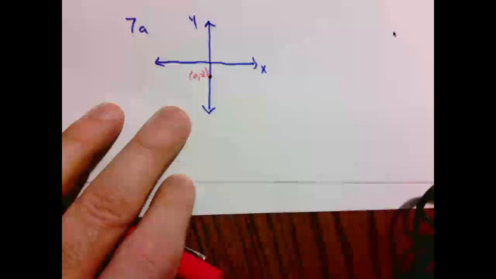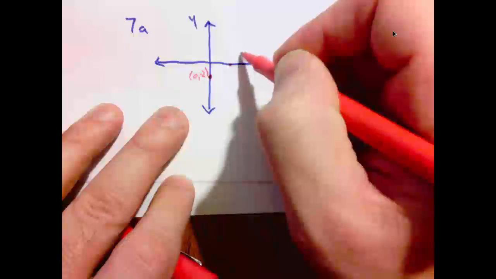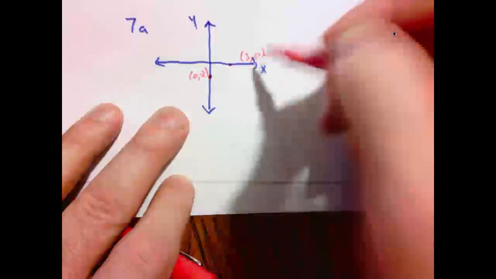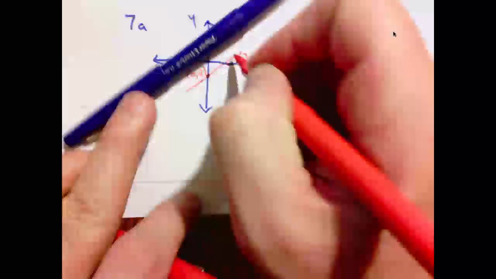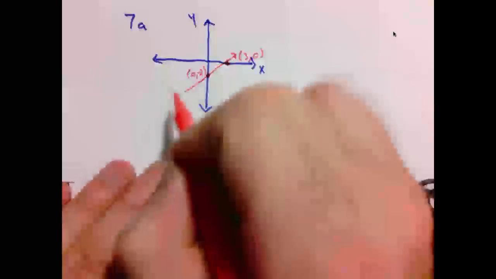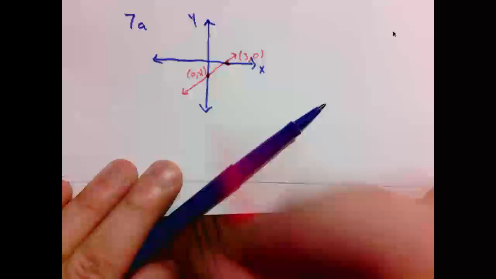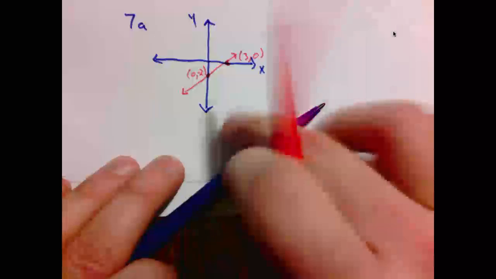It crosses over our x-axis at a value of 3: 3, 0. Looking at this line, which of these equations will it produce?